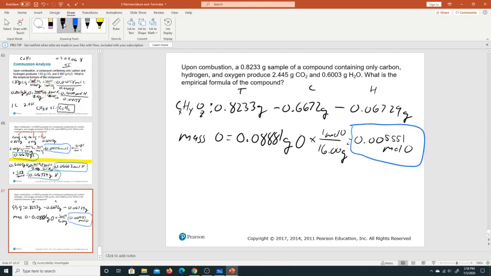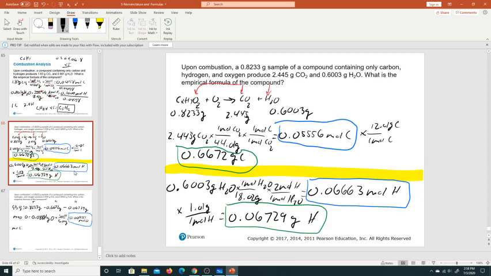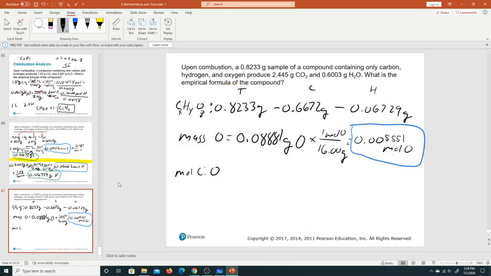Alright, now from the prior page, I'm just recopying the moles of C, 0.05556.